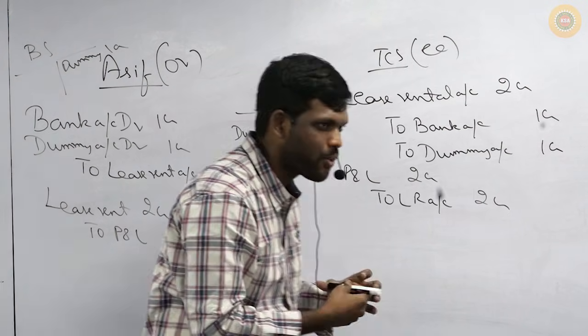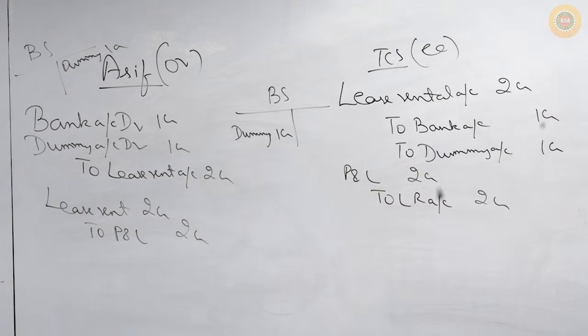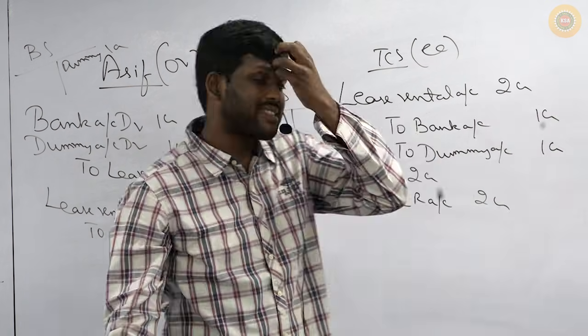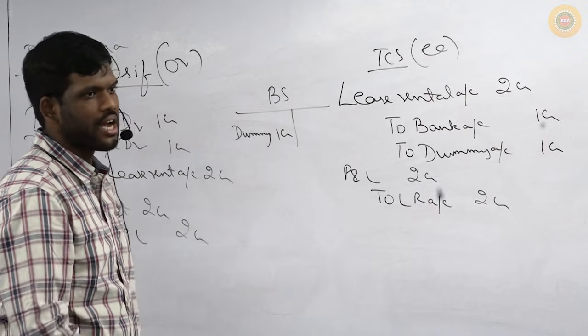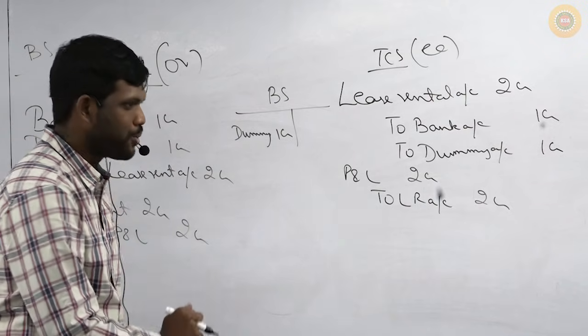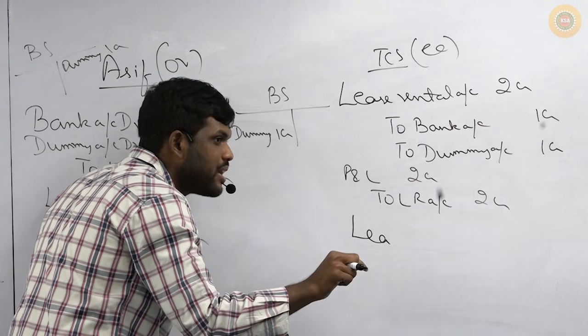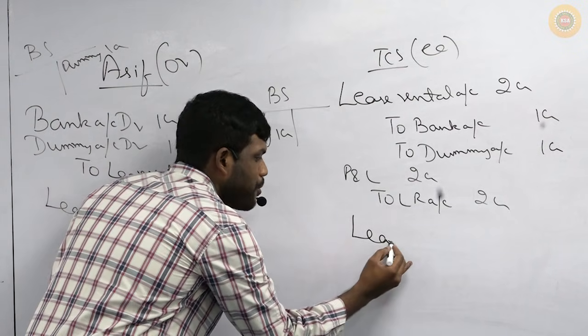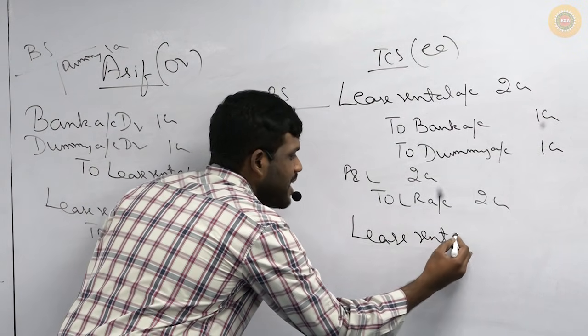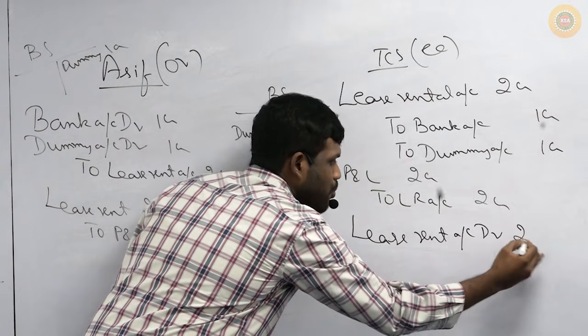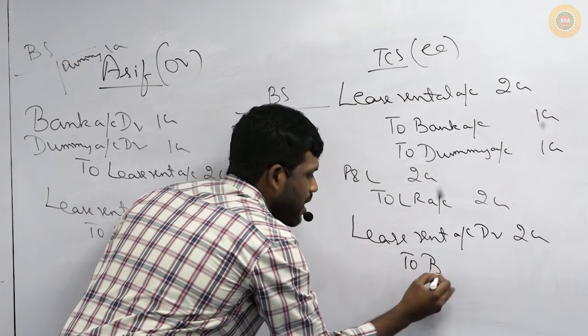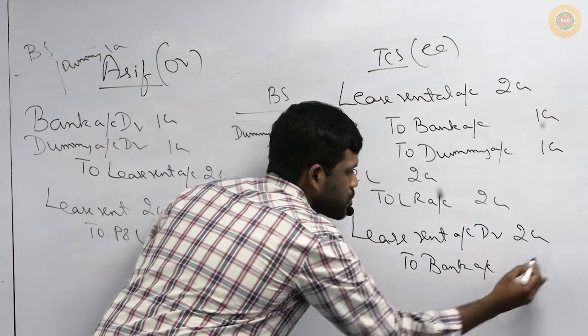Clear everybody? Okay. Sir, what will happen in the second year? Pay attention. First year is clear for everyone. Second year, as per the agreement, how much do I have to pay Asif? 2 crores. Correct? How much expense goes to P&L? 2 crores. Then I have no problem. Lease rent account debit 2 crores to bank account 2 crores.